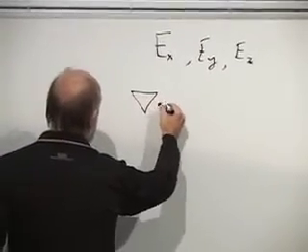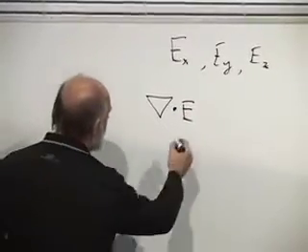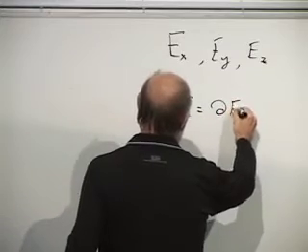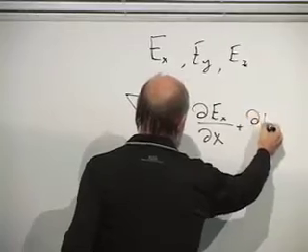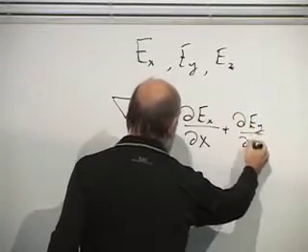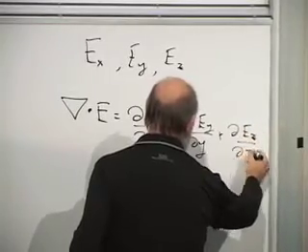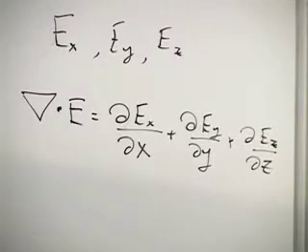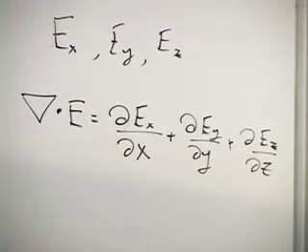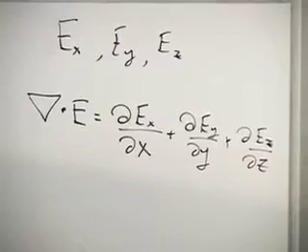It's del dot E, that's the notation for it, and it stands for the derivative of the x component with respect to x plus the derivative of the y component with respect to y plus the derivative of the z component with respect to z. That's the definition. But it does have this property that it tends to show you that something is spreading away from a point. That's the notion of divergence.